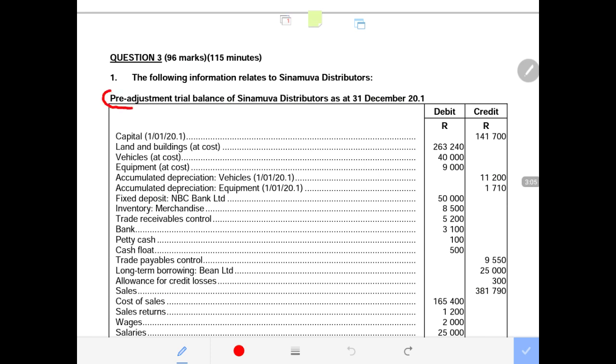And the minute they say pre-adjustment, that means the trial balance was taken into account before the adjustments were taken into account.